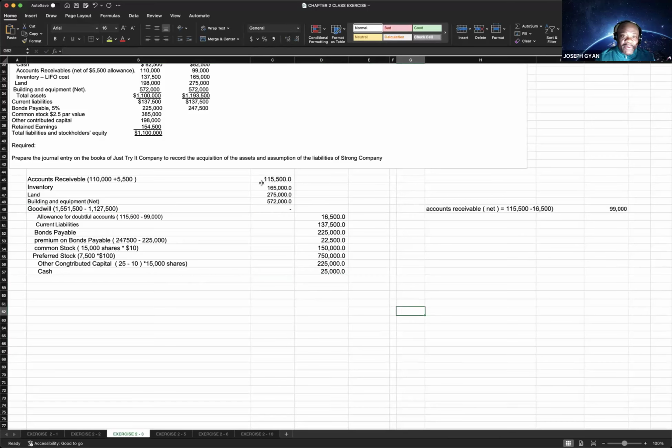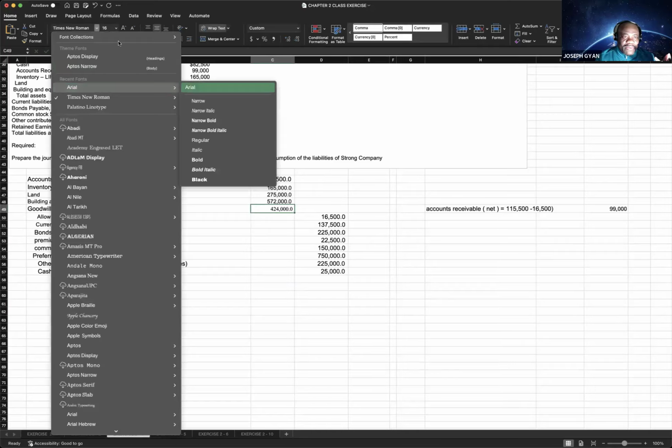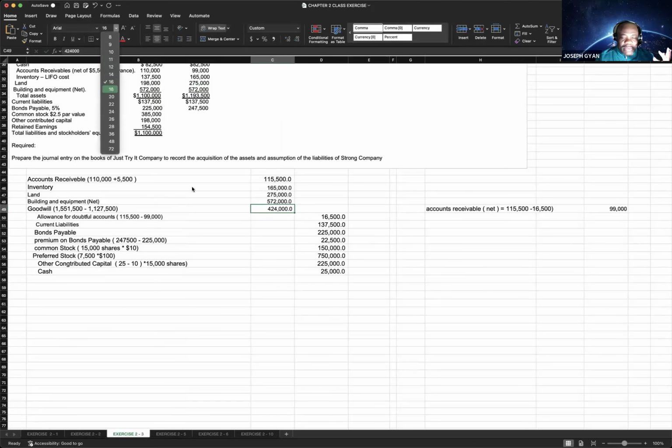Or if you don't want to do it the way we have done it, because we used the formula, you can go by the formula to calculate the goodwill that we started with here.